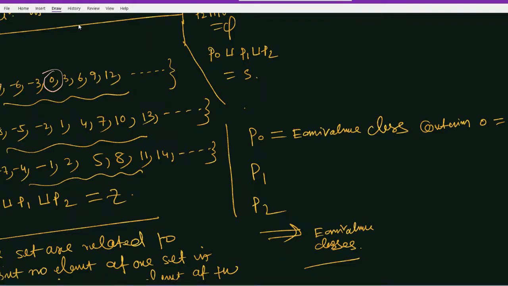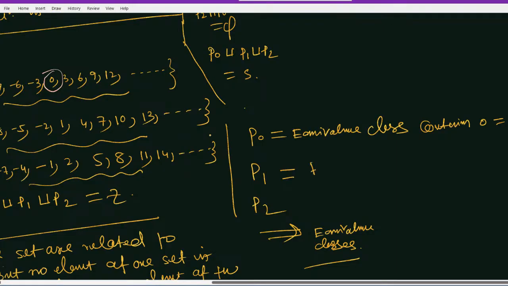P1 is what? The equivalence class containing 1. You write 1 inside a bracket or 1 bar. Similarly, this one 0, 1.